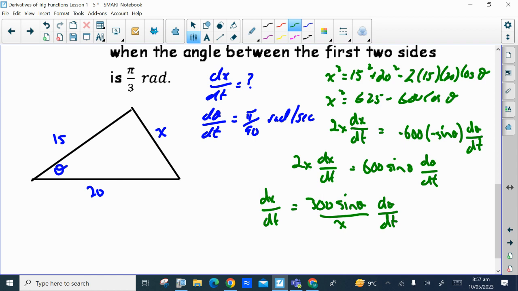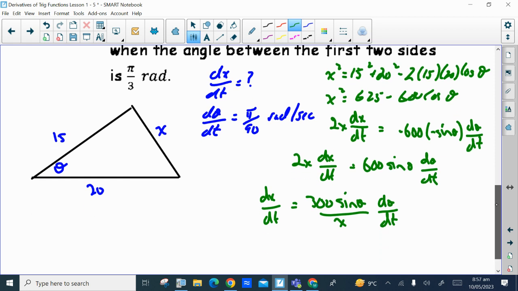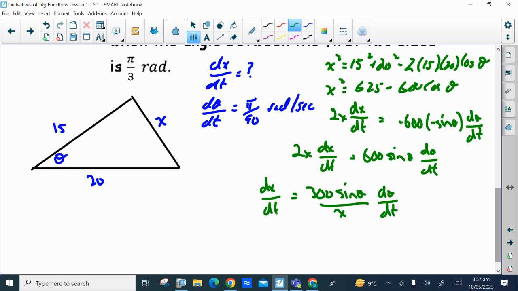So if we look at this, again, we want to know what dx by dt is. We have it by itself. But to do that, we need to know both x and d theta by dt. We have the d theta by dt, but we don't have the value of x. But we want to find out what dx by dt is at the moment when theta is pi on 3 radians.